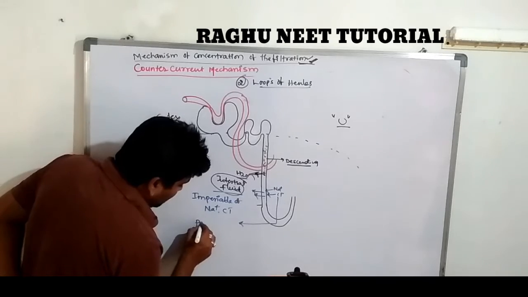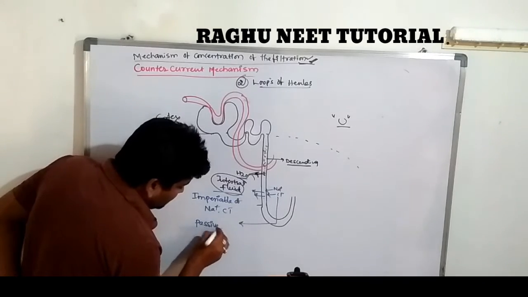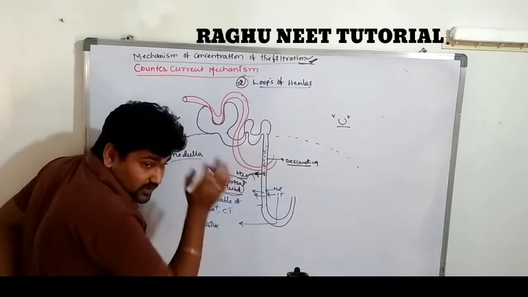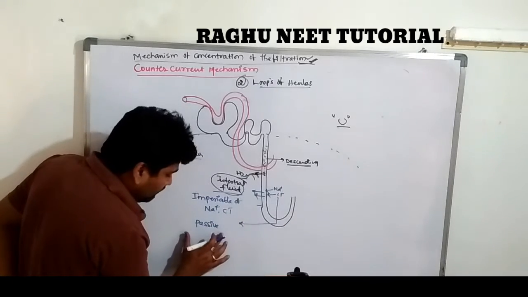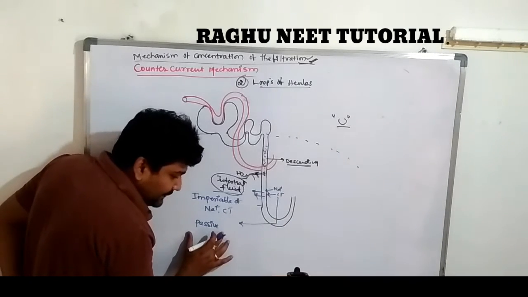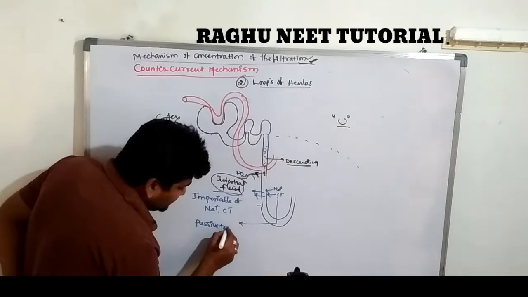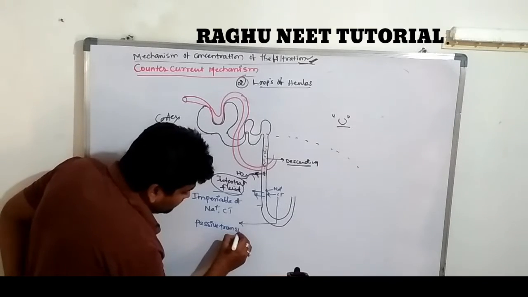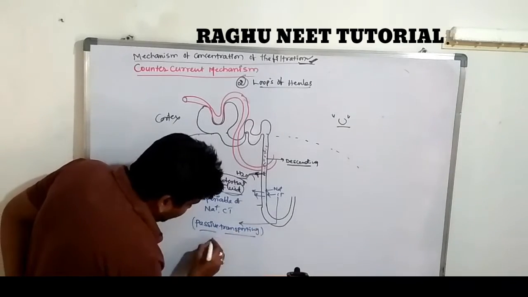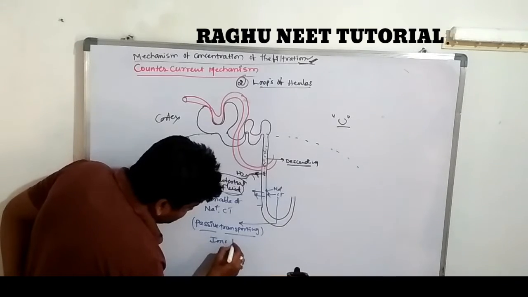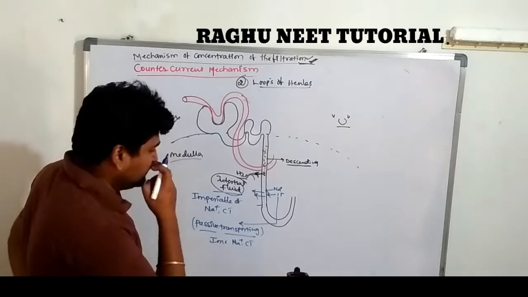Very, very important. We have not discussed this before. This is about passive transport in the descending limb, and we are discussing it now because it is very essential for the exchange of sodium and chloride ions.